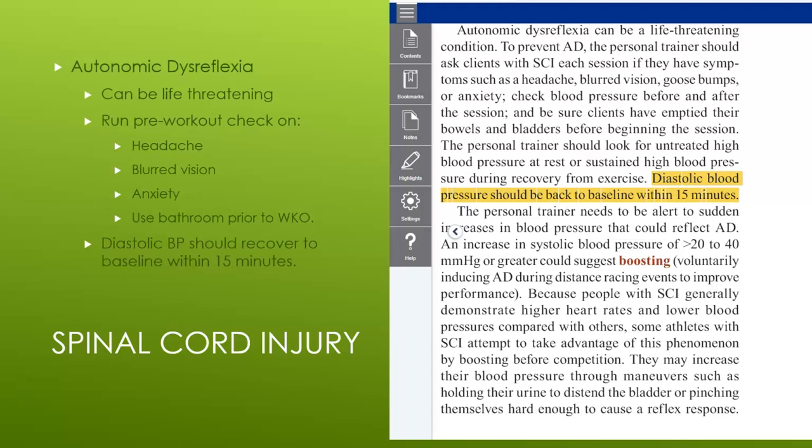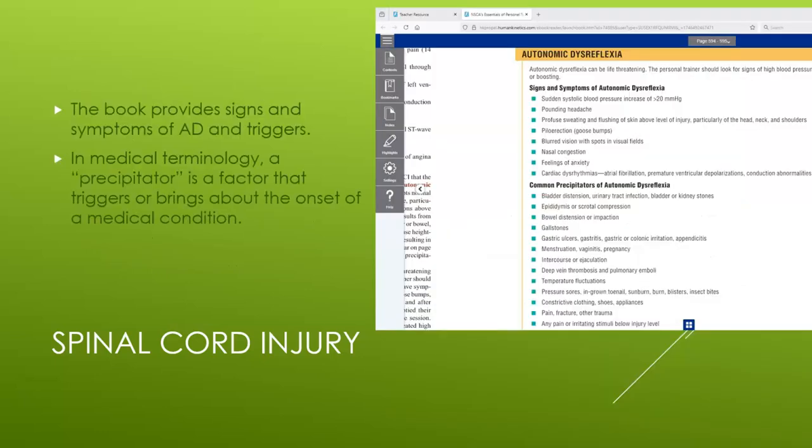So I would presume if somebody's using this type of technique, they're familiar with it, and it might not be as dangerous. But I would say if your client is doing this, you should have a well-informed conversation with them regarding this technique and the benefits and the risks associated with boosting and involuntarily causing autonomic dysreflexia.